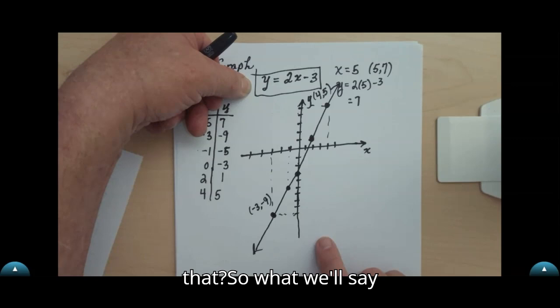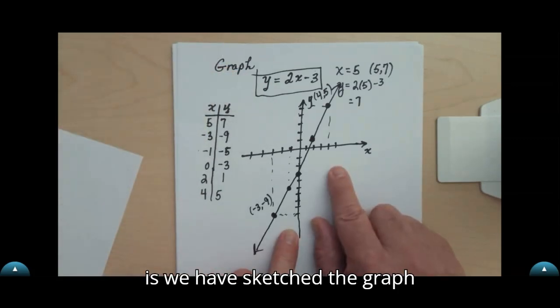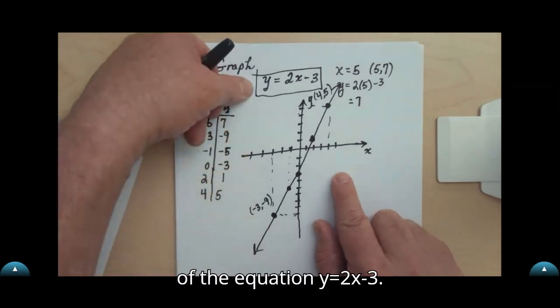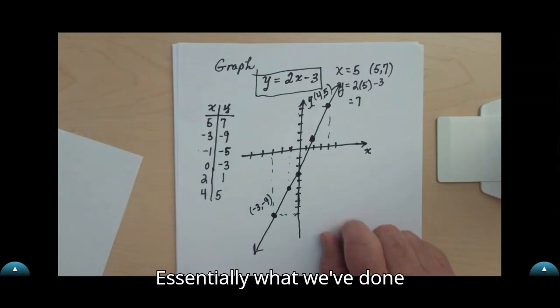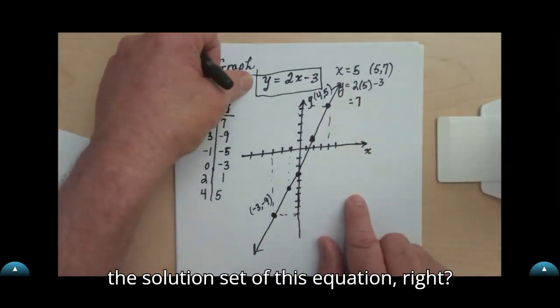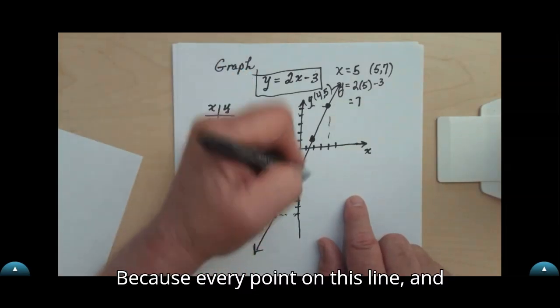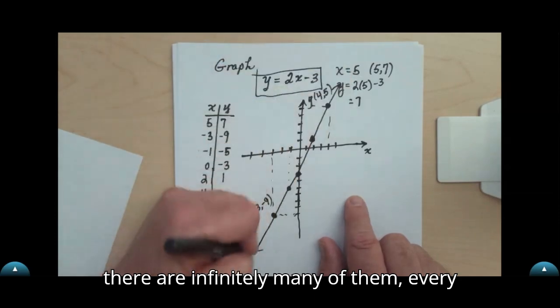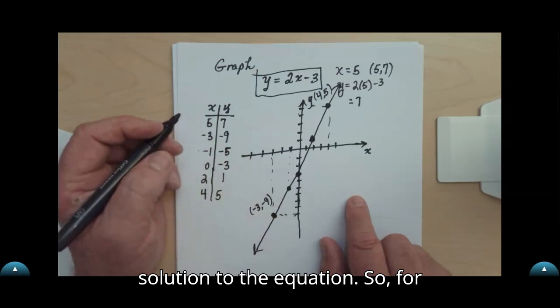Y'all see that? So what we'll say is we have sketched the graph of the equation y equals 2x minus 3. Essentially what we've done is we have drawn a picture of the solution set of this equation, right? Because every point on this line, and there are infinitely many of them, every point on this line would represent a solution to the equation.